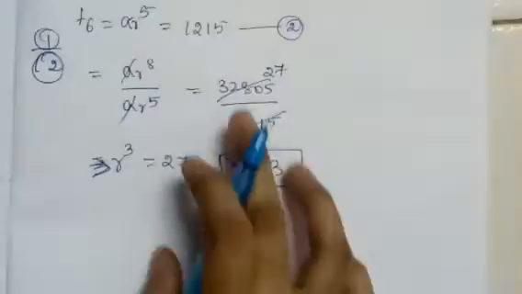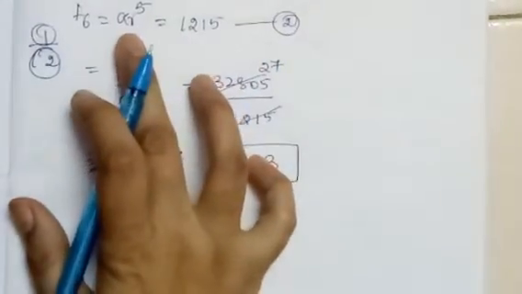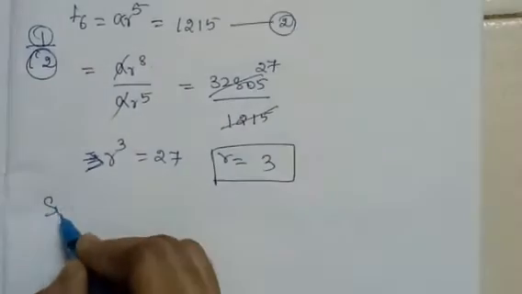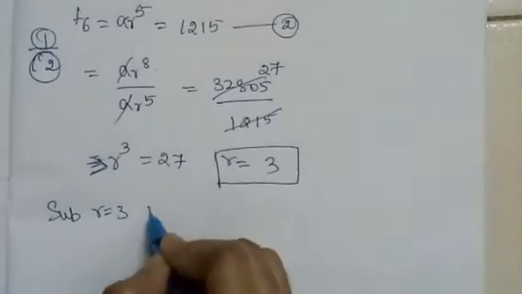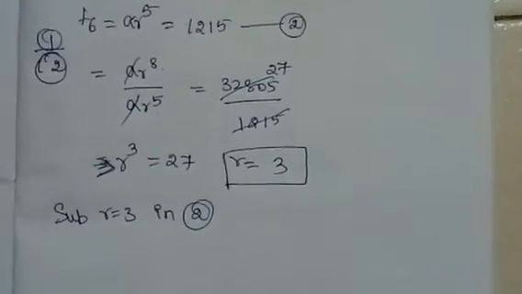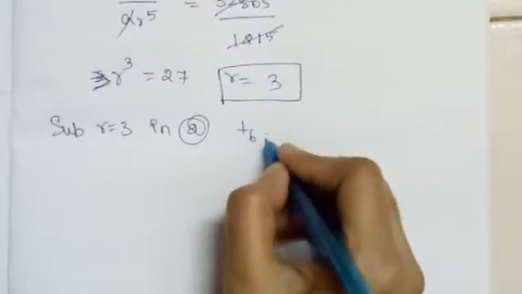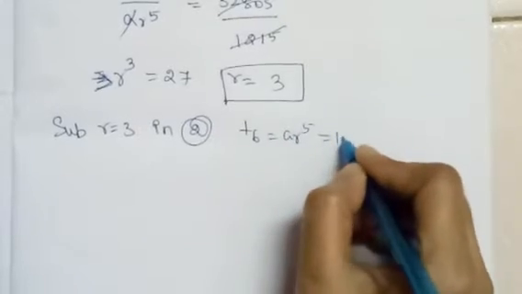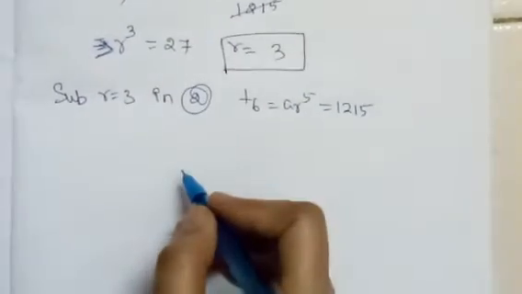Substitute this R value in equation 2 to get the value of A. So substitute R is equal to 3 in equation 2. What is our equation 2? T6 is equal to AR power 5 is equal to 1215.